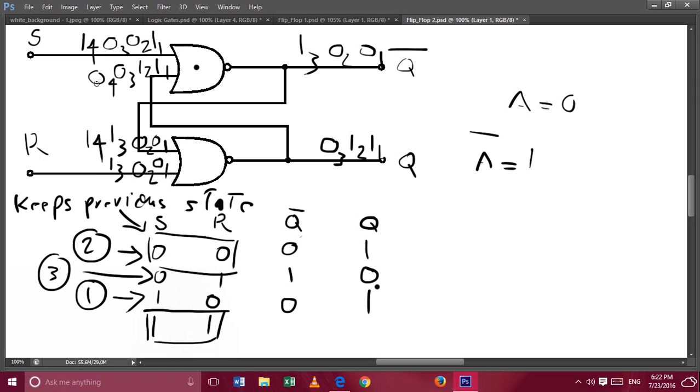So 1 and 0 gives us 0. So it's going to be 0 here. So 0 and 1 in a NOR gate gives 0. And 0 and 1 in the 4th cycle again gives us 0. So here in the 4th time, if you set both to 1, you're going to get 0 and 0 in this cycle.